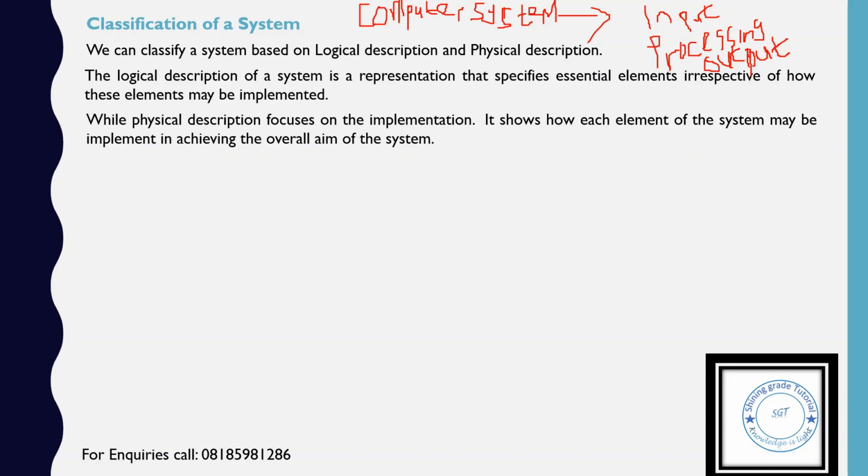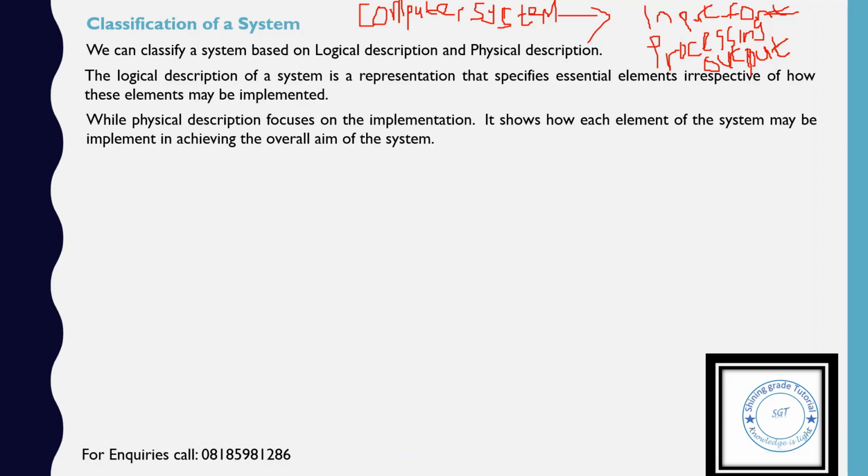Maybe I want to input the word font. That means I need the letter F. So in the keyboard I will need to press the key F, the key O, the key N, the key T to have the word font. So that is the aspect of the implementation. That is how input is being implemented, and other things that need to be known like that.